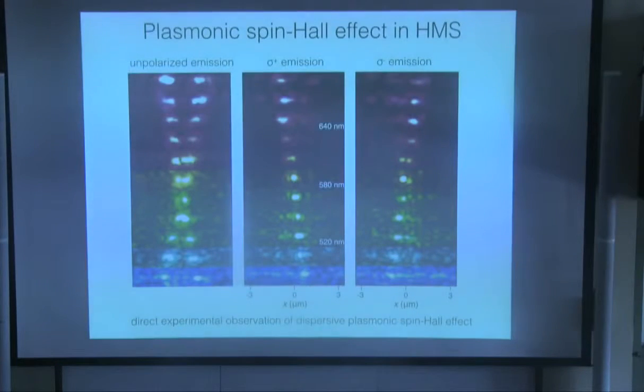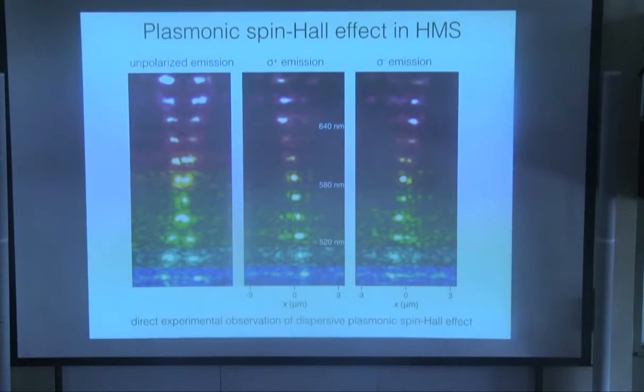And then if we take this X pattern and resolve it into sigma plus and sigma minus components, what we observe is that, in fact, there is this quite prominent plasmonic, quote-unquote, spin Hall effect in this metasurface. In this system, it appears that plasmons propagating, for instance, in the leftward direction in the elliptical regime take on a sigma plus polarization, whereas plasmons propagating in the right-hand direction take on a sigma minus polarization.